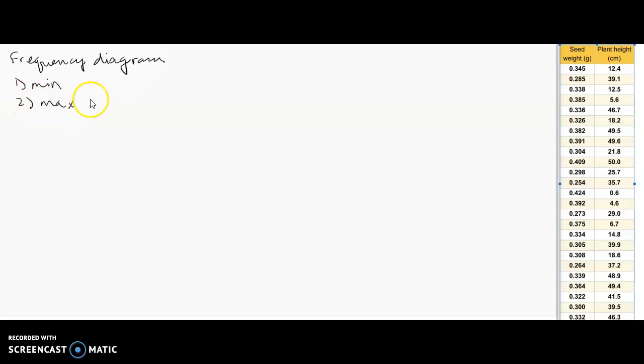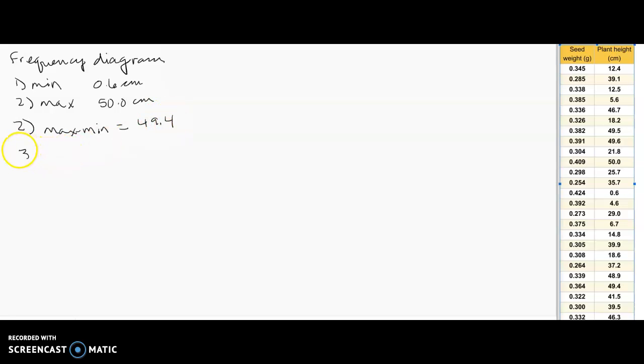We're doing plant height, so if you look at that column of values, the minimum value is 0.6 centimeters and the maximum is 50. I then take the difference between the maximum and minimum, and that will equal 49.4.